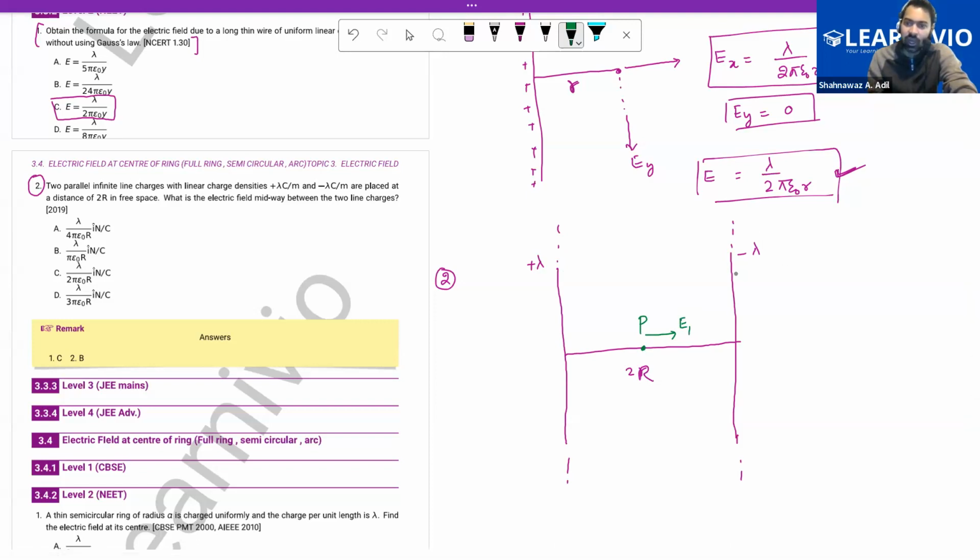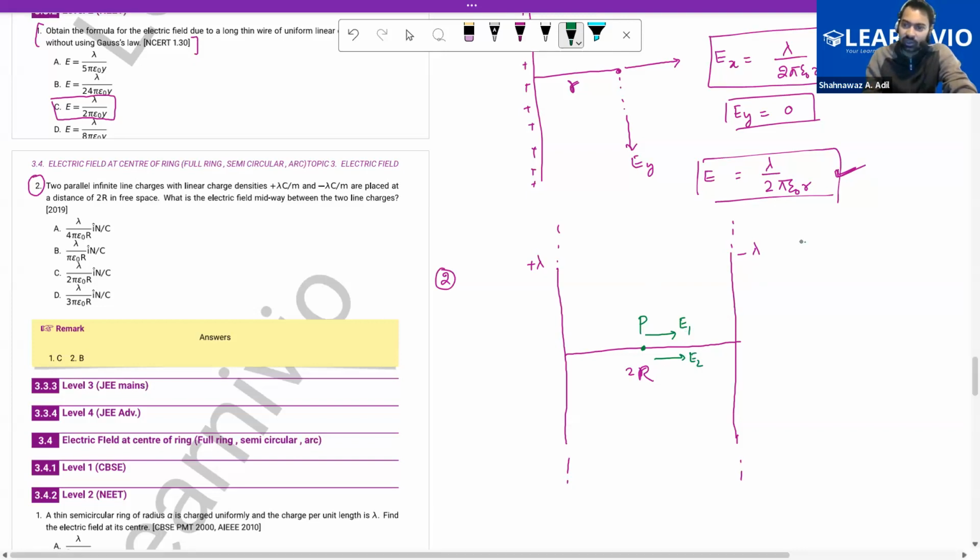And due to this wire, the electric field would be in which direction? Again, the same side, because this is minus, so this would be attractive, and this would be repulsive. So we have two electric fields in the same direction.